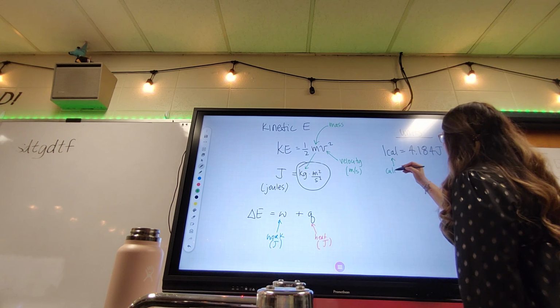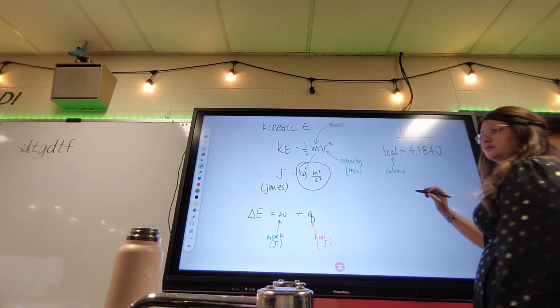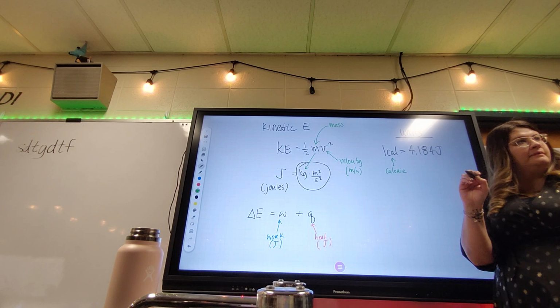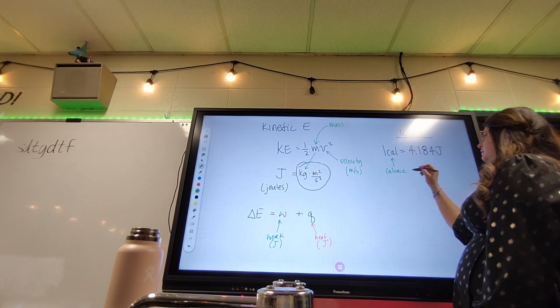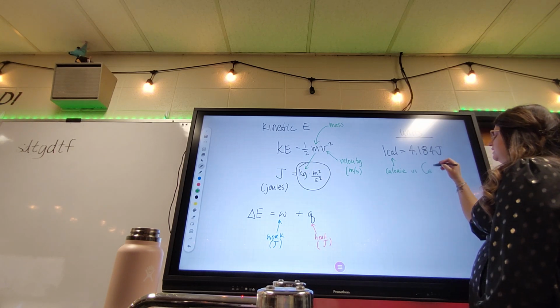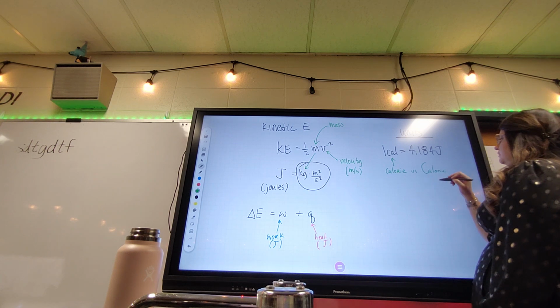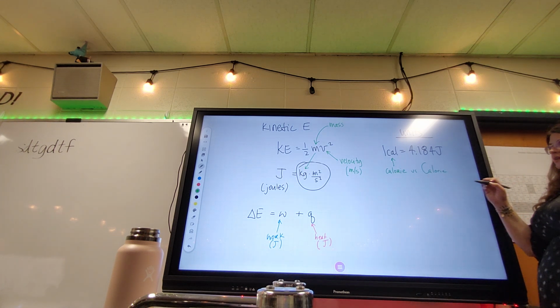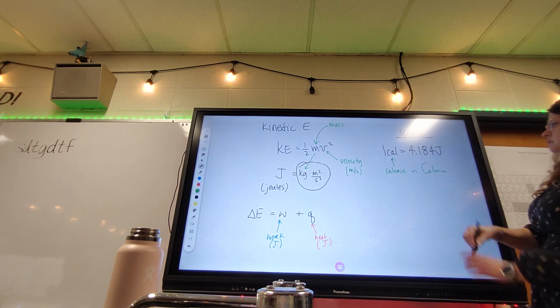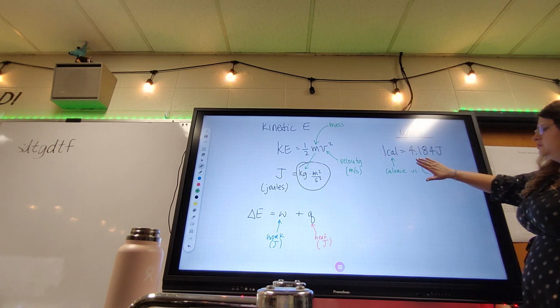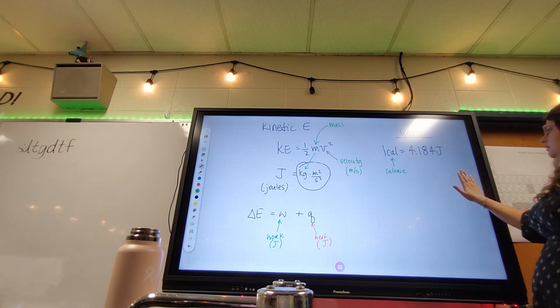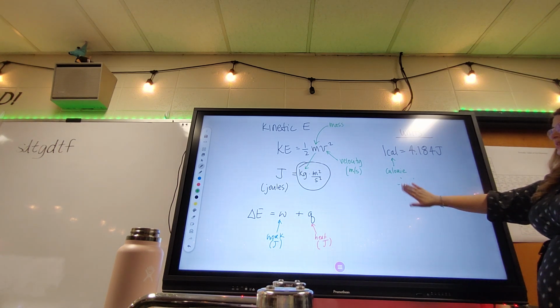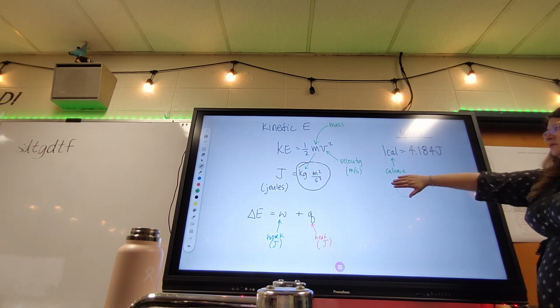This is a lowercase calorie, because the calorie on your food is actually a capital C Calorie, which is equal to 1 kilojoule, 1,000 joules. I'm not going to worry about this right now. This calorie is not the same as the calories that we know of.